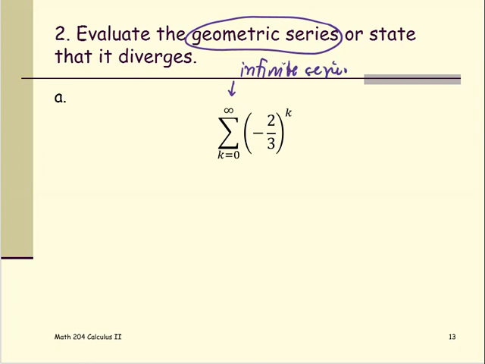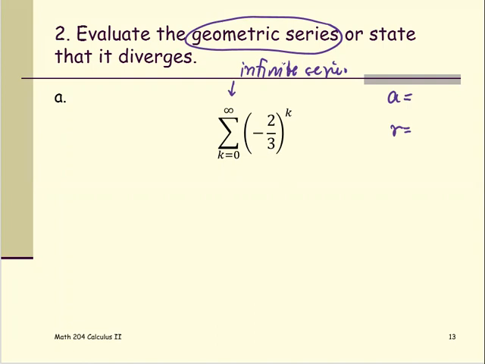So to find the value of this geometric series, we're gonna have to identify the a, or the first term, and the r, or the ratio, the constant number that we multiply to obtain the next term.